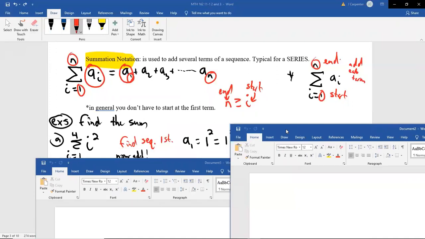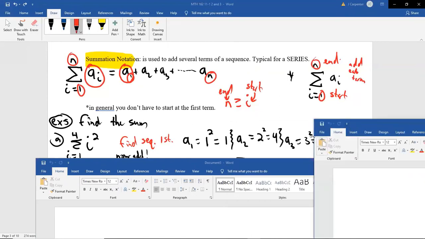Nothing new here. It's just the notation. Instead of me saying find the first 4 terms, I gave you a notation that tells you to find the first 4 terms. So a sub 2, now we just make the I a 2. So instead of I squared, it's 2 squared. 2 squared being 4. These are pretty easy to knock out. The third term is just I squared, which again, the I is now 3.